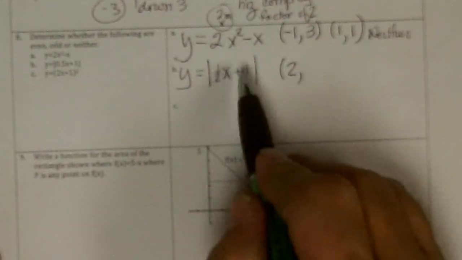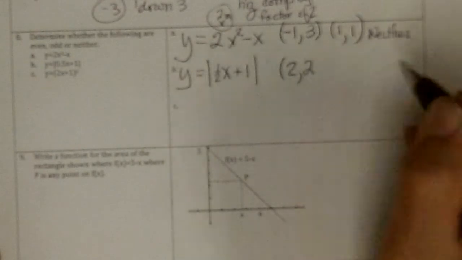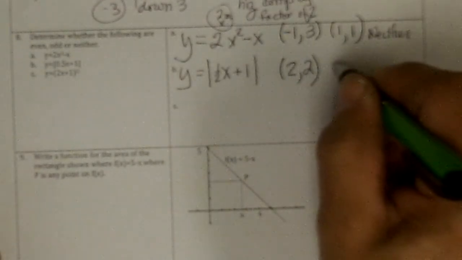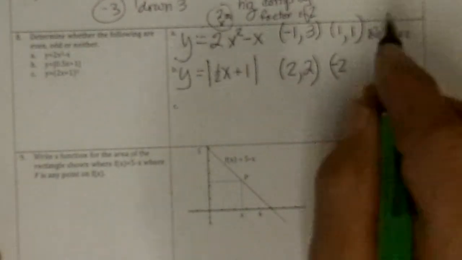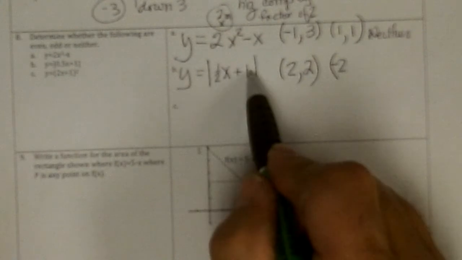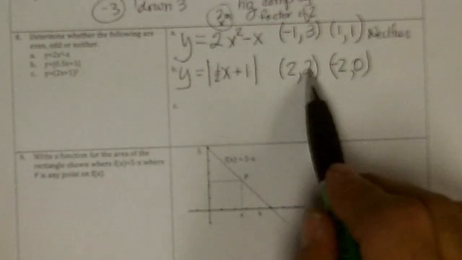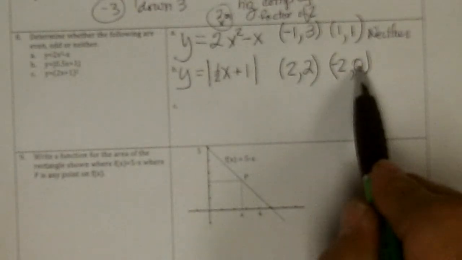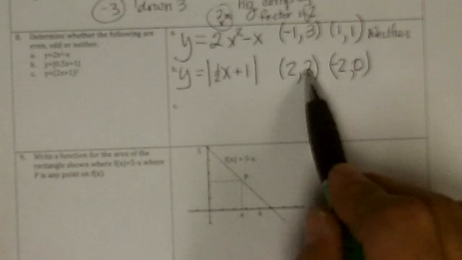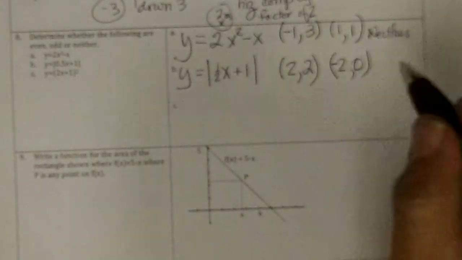Half of 2 is 1, plus 1 is 2. Absolute value of 2 is 2. Now I'll put in negative 2. Half of negative 2 is negative 1. Plus 1 is 0. Absolute value of 0 is 0. So the y did not stay the same, so it's not even. The y did not just change in sign, so it's not odd. So it's neither.